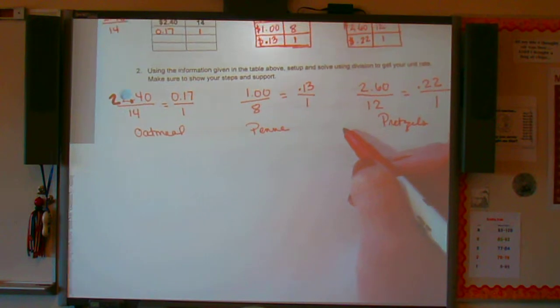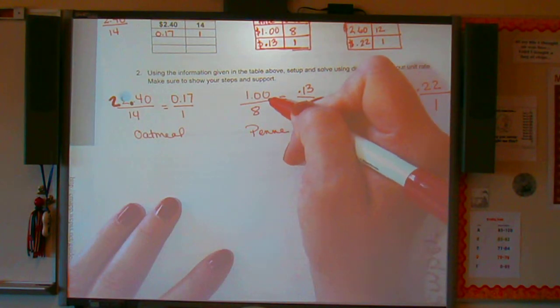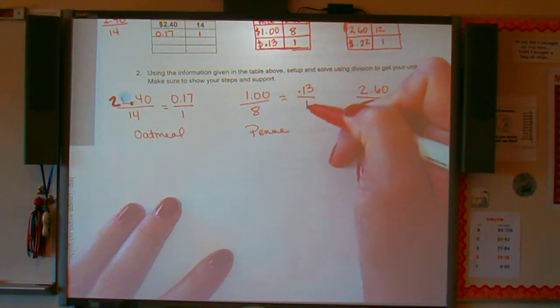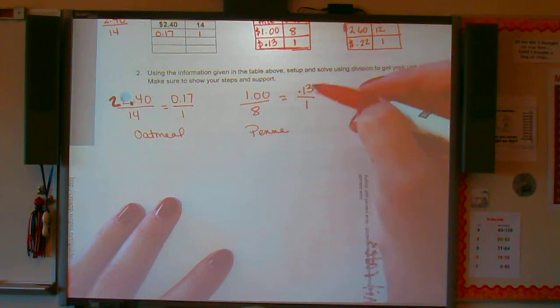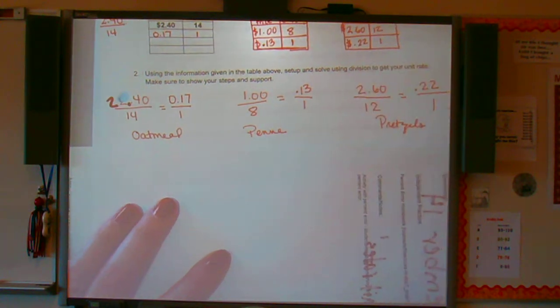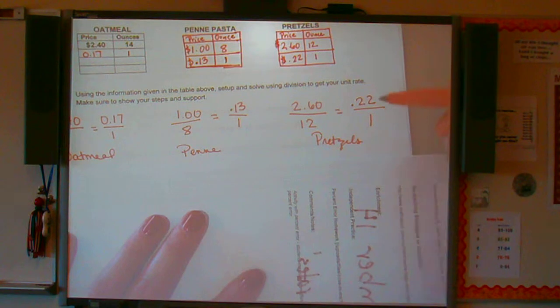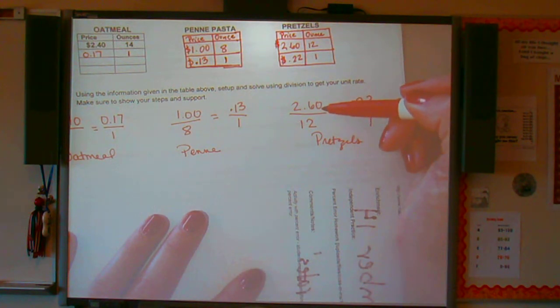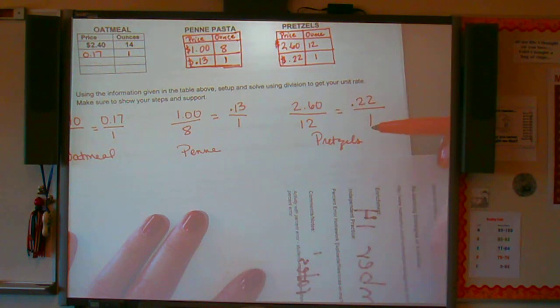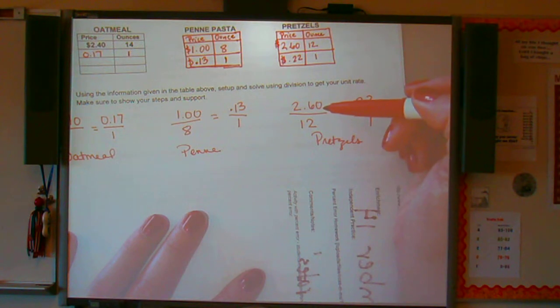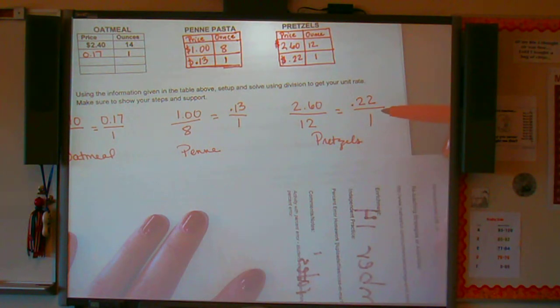For the penne pasta, 8 ounces were $1. So if I want to know 1 ounce, I would say 1 divided by 8, and that gives me 0.13. For the pretzels, 12 ounces was $2.60. So for 1 ounce, I would say 2.60 divided by 12, and that's going to equal 0.22.